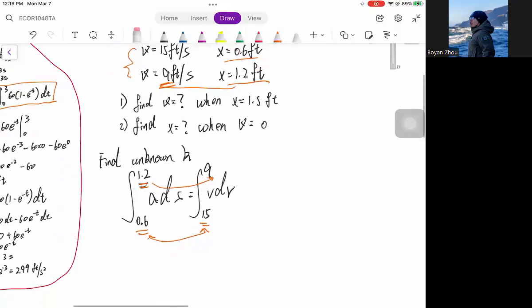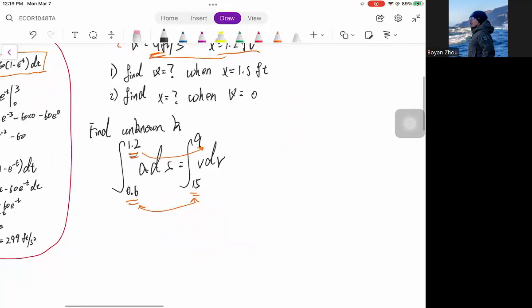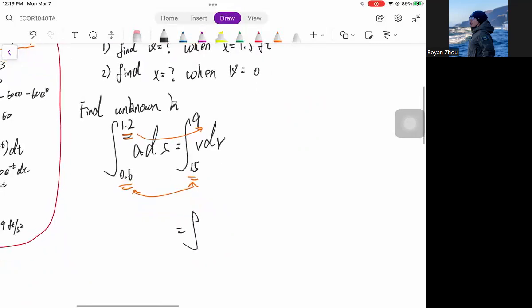Okay, next we're going to put in the equation for them. On the right hand side we don't need to do anything, it's just v dv.